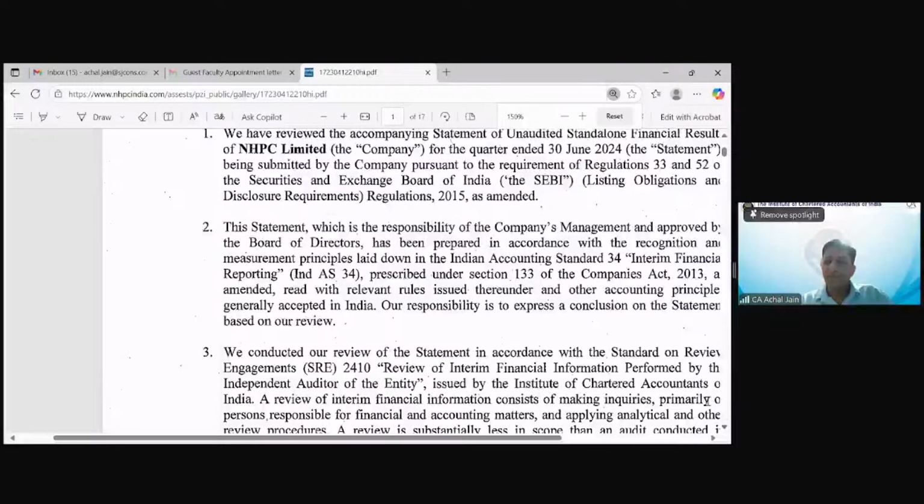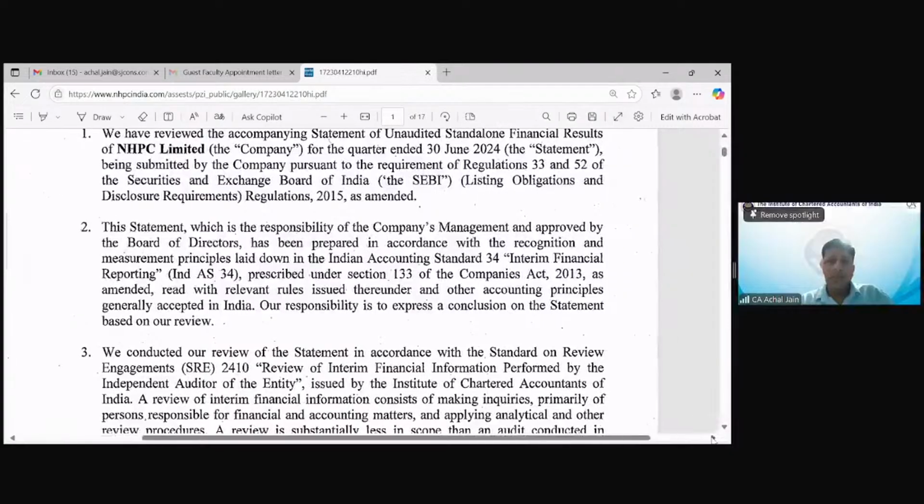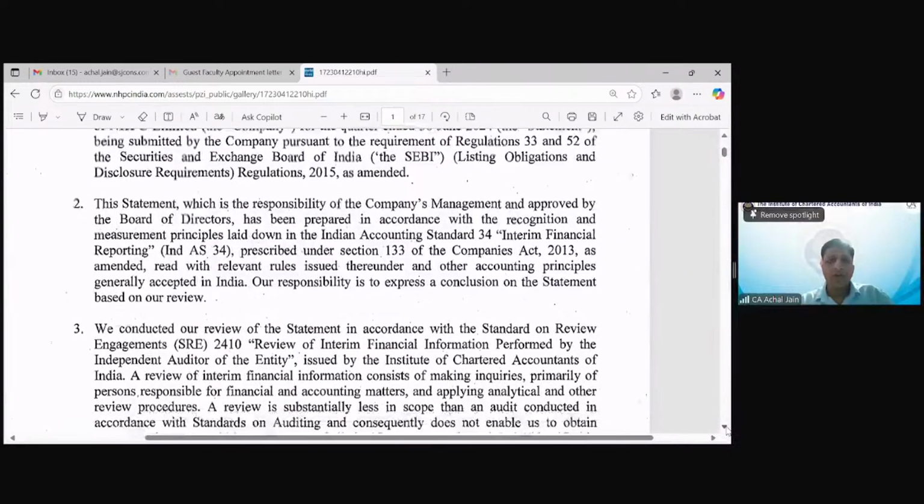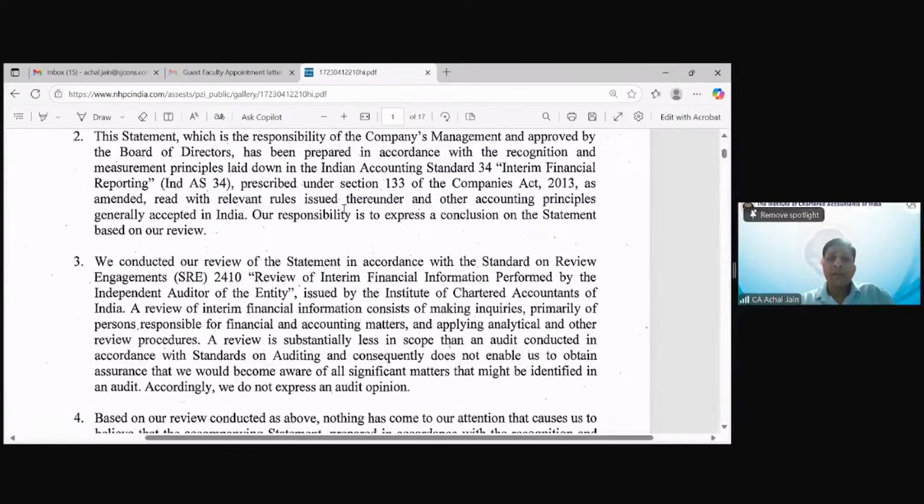Then he's just explaining over here. Now in this case, practitioner says our responsibility is to express a conclusion. Okay? It's not an opinion, it's a conclusion. Then the practitioner or the auditor says we conducted our review in accordance with SRE 2410.